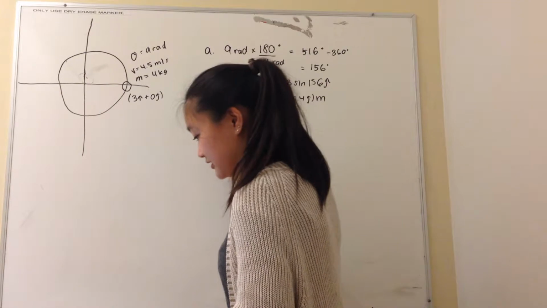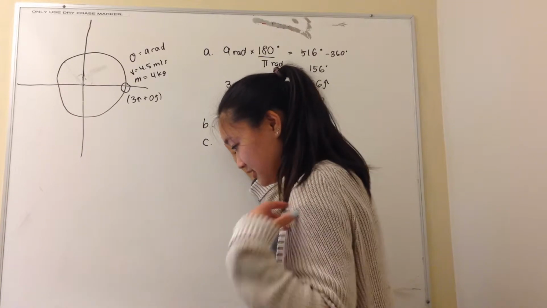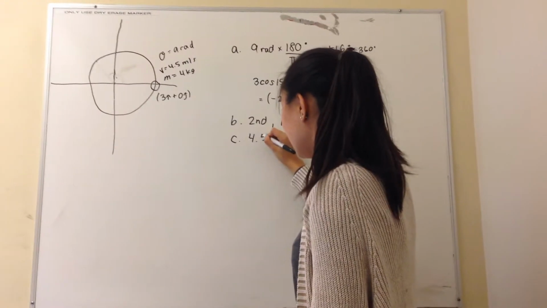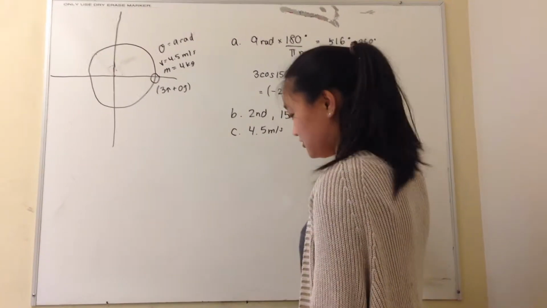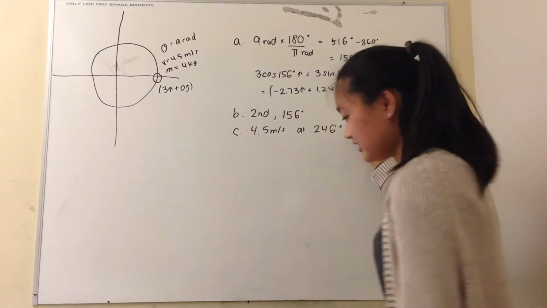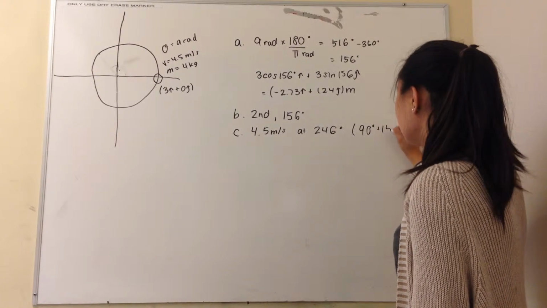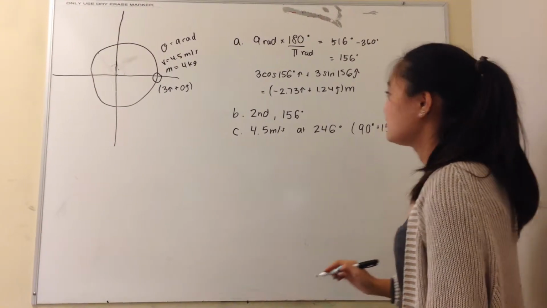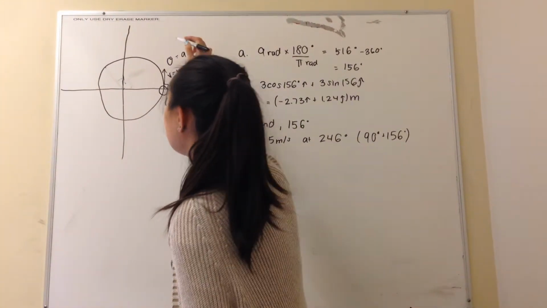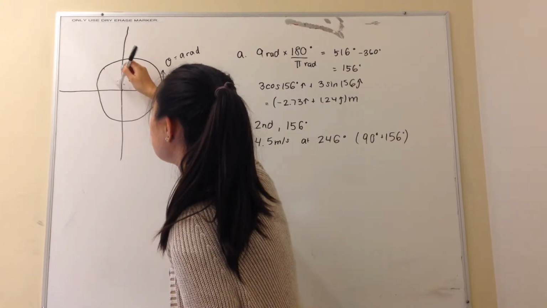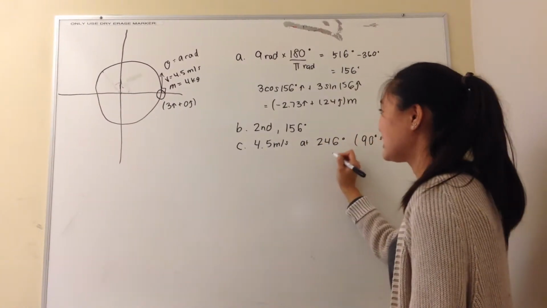And then for C, it asks what its velocity is. It's 4.5 meters per second at 246 degrees, and you get that from adding 90 degrees to 156, because the original velocity is going like this, so that's at 90 degrees, and after that the velocity is at this place right here, so you have to add 156, so that's why it's at 246.